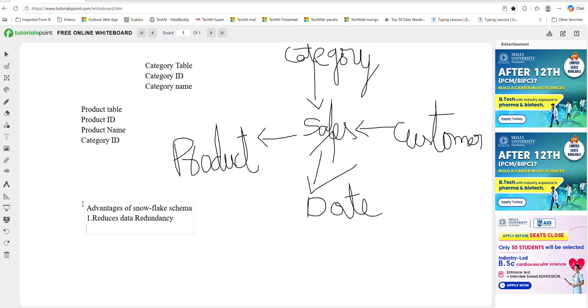Now, better data organization. This is the second one: better data organization.